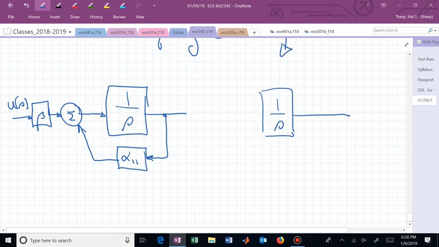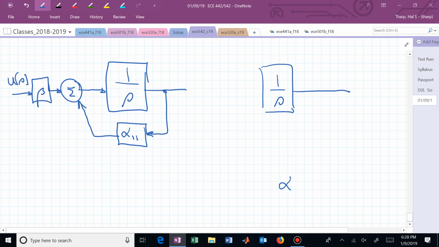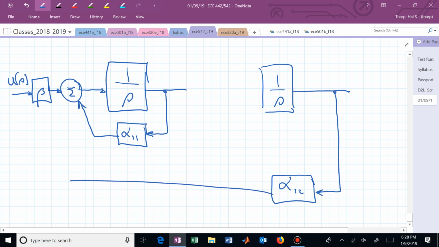And I also had an alpha 1, 2. Making up this particular location, but the output of this is now the Laplace transform of x sub 1 of t, which is now capital X sub 1 of s.